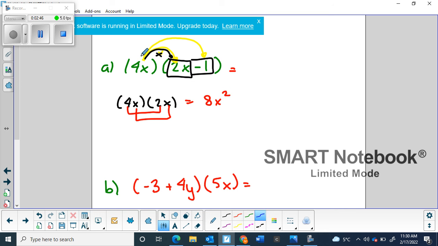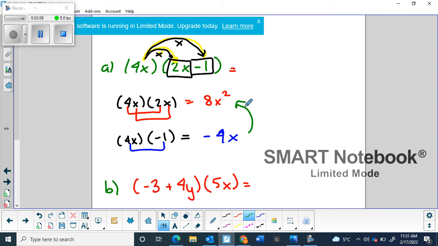And then we're going to do the next one. We're going to take 4x times negative 1. All right, well, 4x times negative 1 is going to equal, well, the 4 and the 1 are combined because they're numbers. 4 times negative 1 is negative 4. And there's no other variable to combine the x with, so it just tags along. And then all we do is we combine these two.